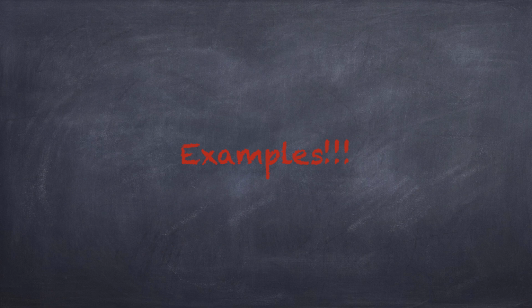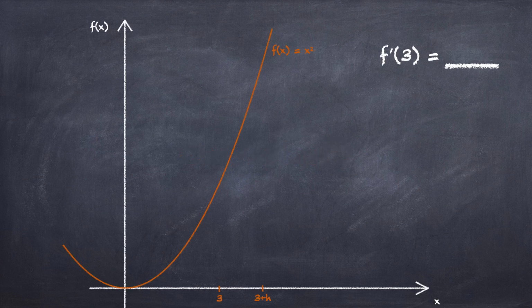Okay, examples. Let's say we want to calculate f prime of 3. And that might look strange to you, but remember, we just talked about this. F prime of x, any x, is going to be the derivative, in this case at 3.